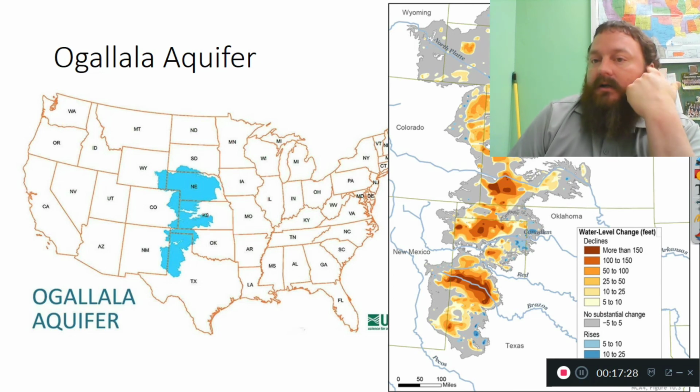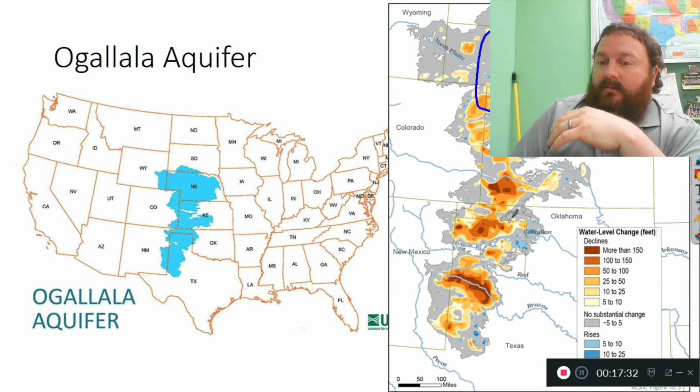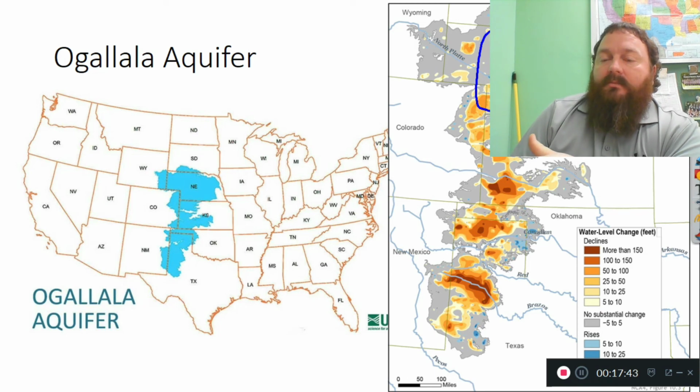So when you look at this picture here, up in the northern part, blue is good, orange and red are bad. So we see that this area actually has more water than it did. I forget how many years ago this map is looking at, but there's a change in depth of the water, to the point where this is an increase in depth. This down here is a decrease in depth.